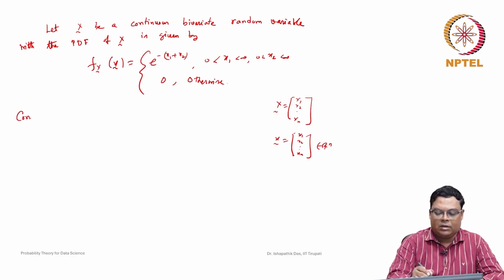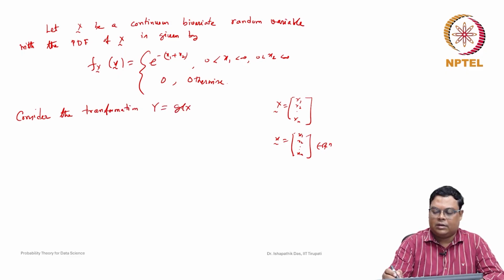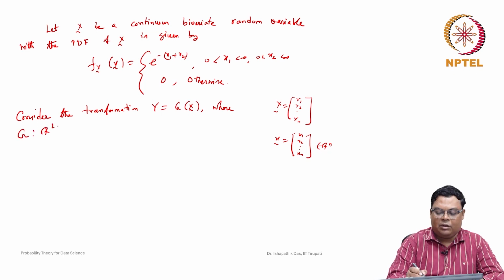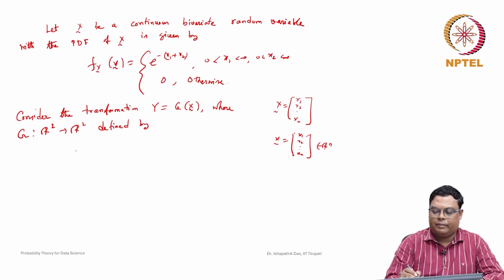Consider the transformation y equals g of x, where g is a transformation from R2 to R2 defined by: y will be a vector with y1 equal to x1 plus x2 and y2 just x1.